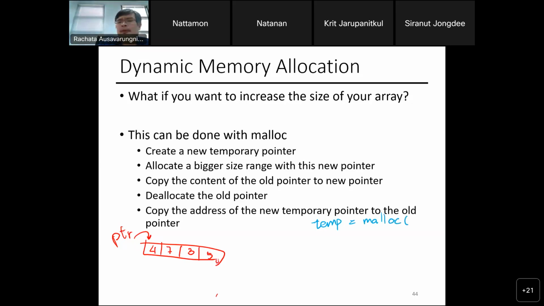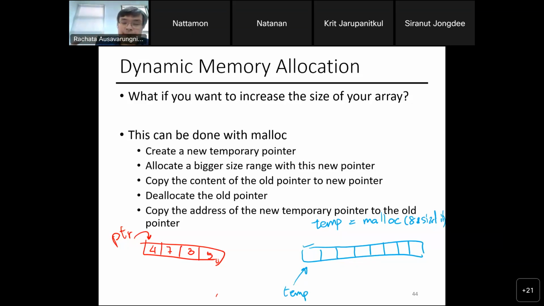Here, let's say I want to double the size, so I malloc 8 multiplied by sizeof(int). So you get a temp array, temp points here, and you have 8 slots for your numbers. That's the second step.